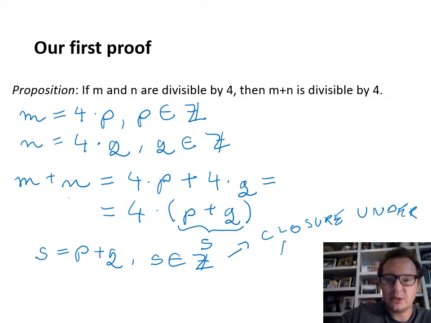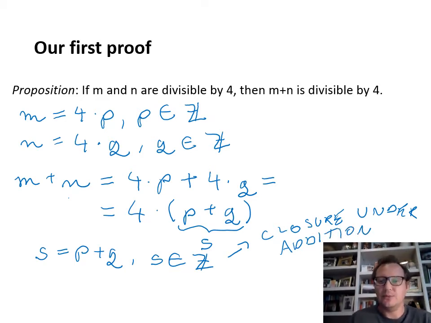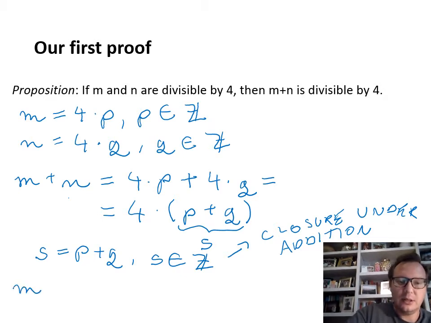So we should make sure to write these facts that we are leveraging in our proof down. Otherwise, our proof is not going to be complete. Okay, so now that we introduced the substitution, we know that m plus n is equal to 4 times s.